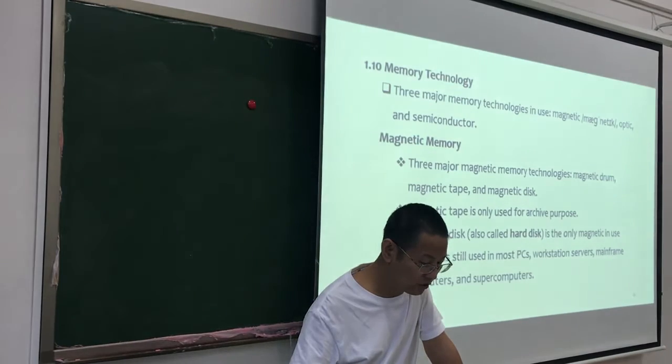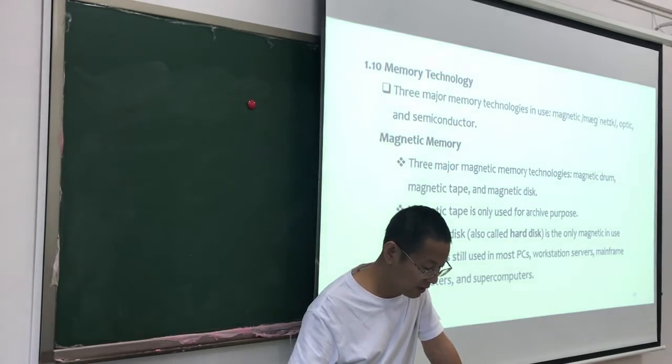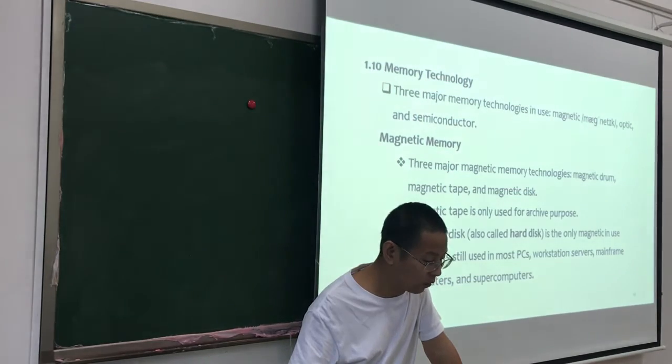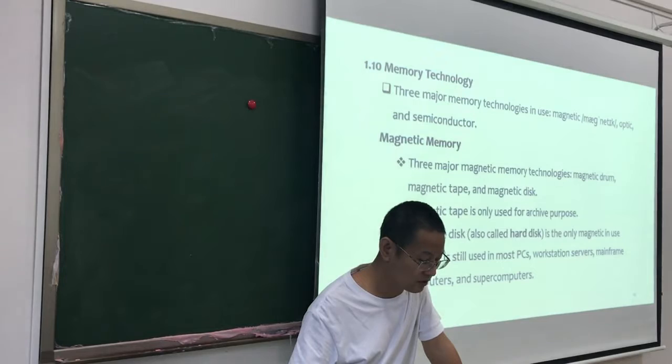Magnetic tapes are only used for archive purposes. Magnetic disk, also called hard disk, we use on the computer. It is the only magnetic memory in use today.